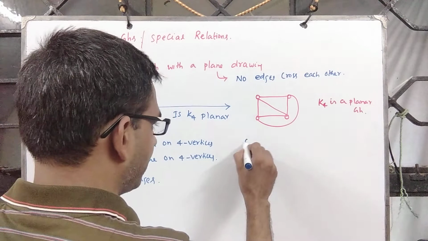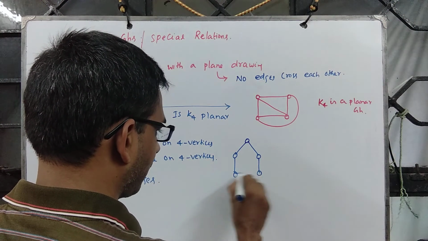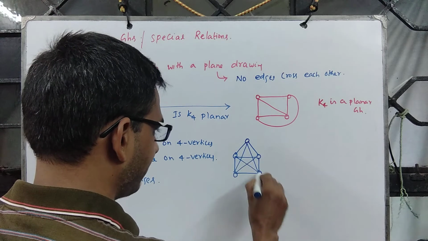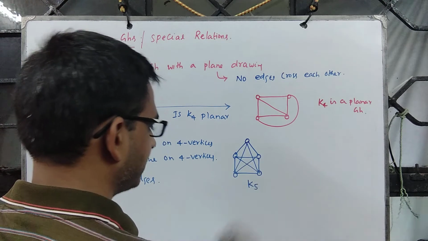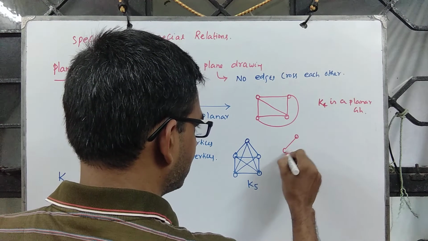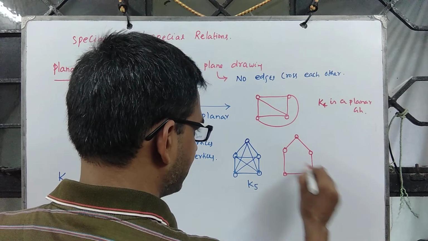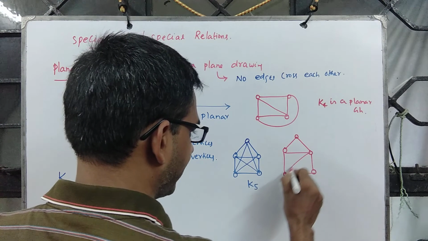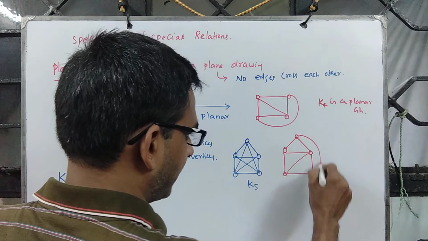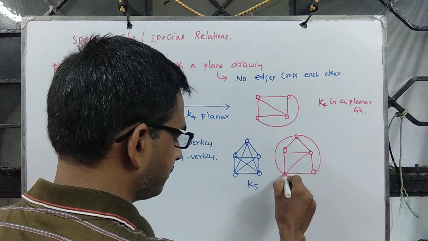Now what about K5? So this is K5, the complete graph on 5 vertices. When we try redrawing this, I have to redraw in such a way that no two edges cross each other. So this one I'll draw like this. The edge from this to this I'll draw like this.